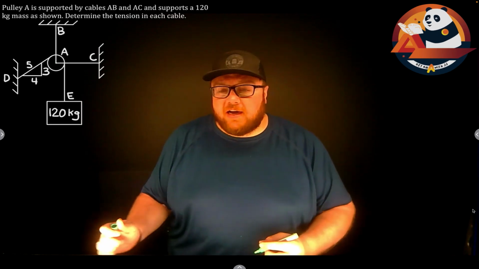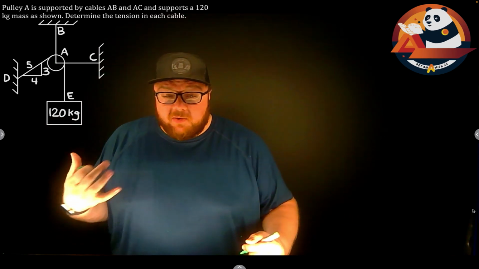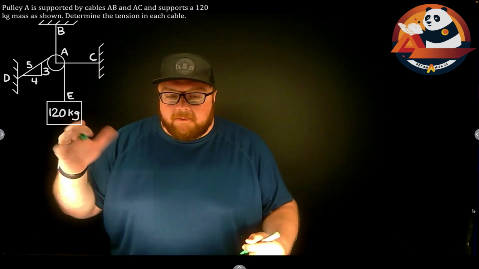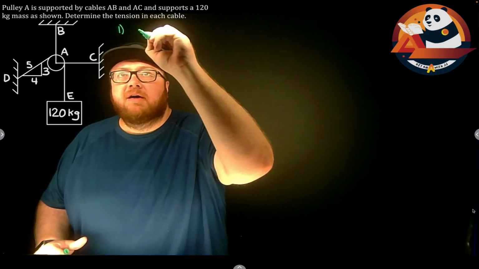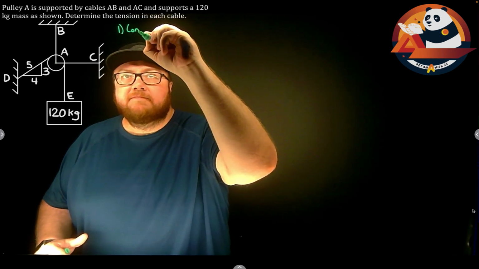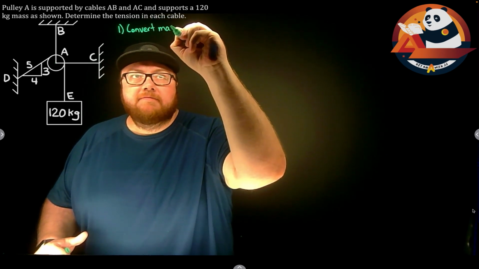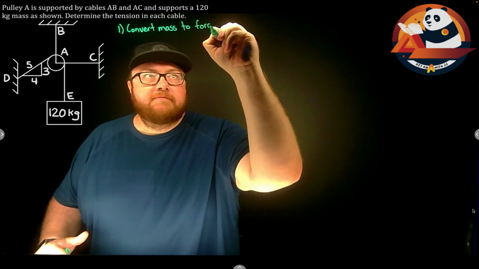The very first thing I would do on this problem is we're given a mass in kilograms. We always want to work with forces in here. We want to convert that from a mass to a weight. So our very first step, we can say, 1, convert mass to a force.